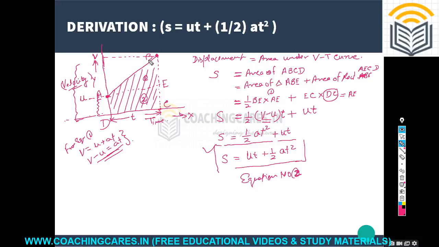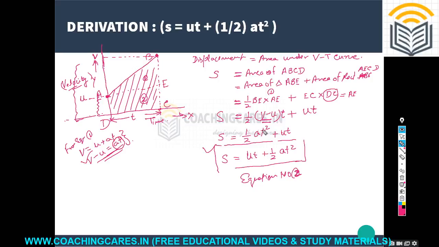Area of this whole quadrilateral, we can divide it in two parts. One is this triangle BEA, another one is the rectangle AECD. So we wrote it, then we put the values of the sides, BE and all these sides, and we replaced V minus U from equation number 1 by AT.